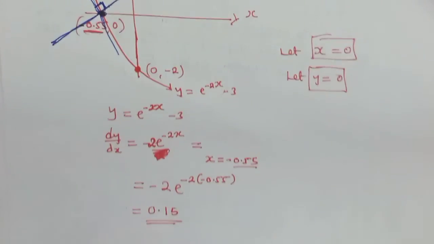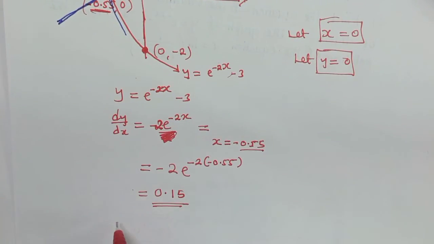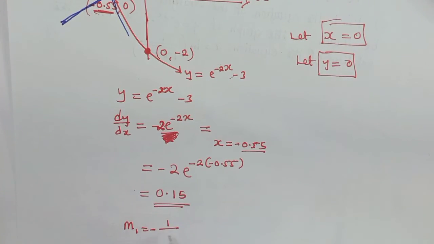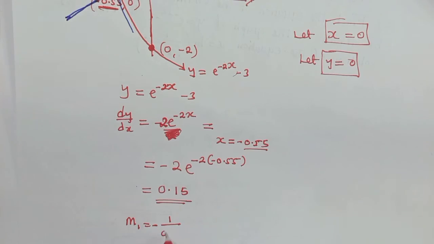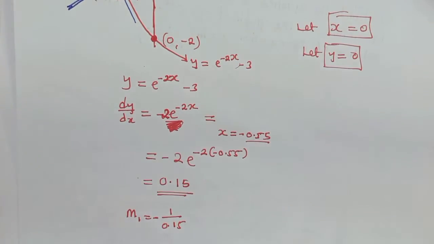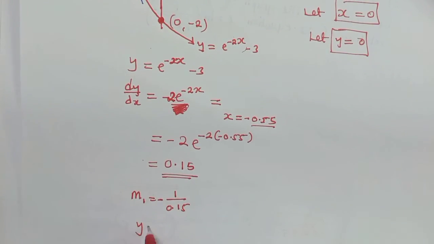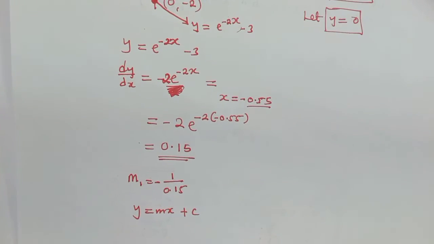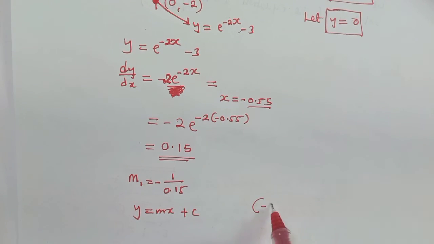So now after finding this gradient, we'll take the negative reciprocal. We'll say our m1 will be equal to, actually there will be a negative here, 1 over 0.15. So now we go to the formula for finding the equation of a straight line. The point is negative 0.55, comma 0.